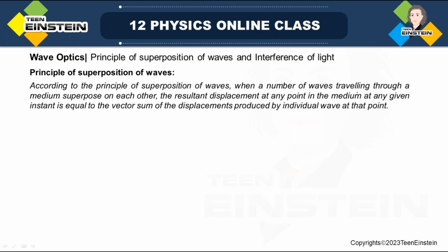when a number of waves traveling through a medium are superposing on each other, the resultant displacement at any point in the medium at any given instant is equal to the vector sum of the displacements produced by individual waves at that point. Okay, let me clear this once again.